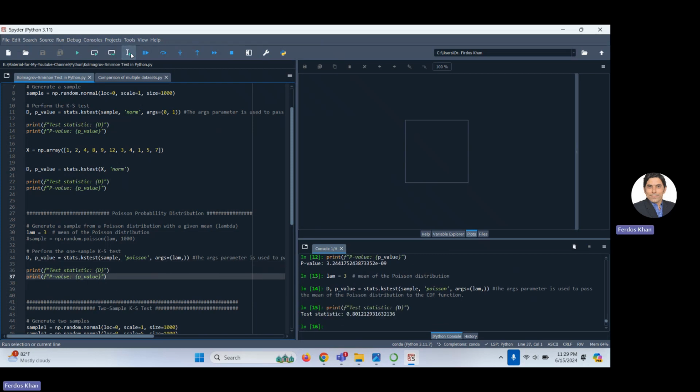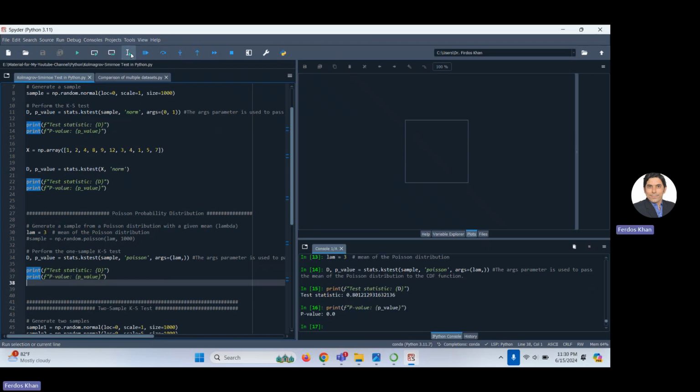You can print that the statistic is quite high, 0.80. And yes, the p-value is of course 0. That means there is not sufficient information to accept the null hypothesis that the data belong to the Poisson distribution. That is rejected. This means that the data does not belong to the Poisson distribution, and this is quite obvious because this data belong to the normal distribution.